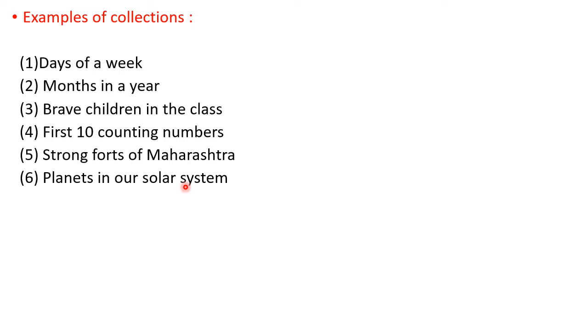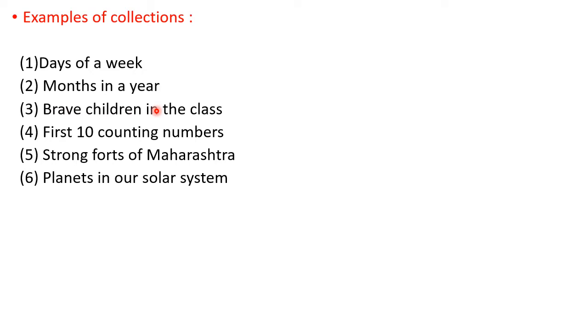But example number 3 and example number 5, where we have words like brave and strong, these words are relative words. They change from object to object or from person to person. That is why it is not possible for us to tell the members or elements of this collection immediately.